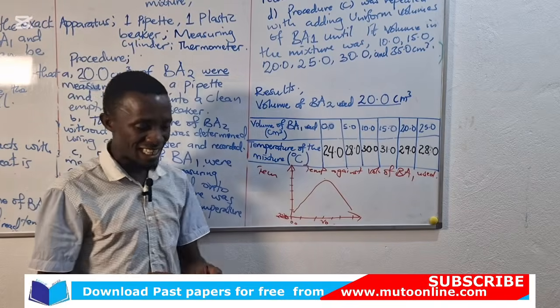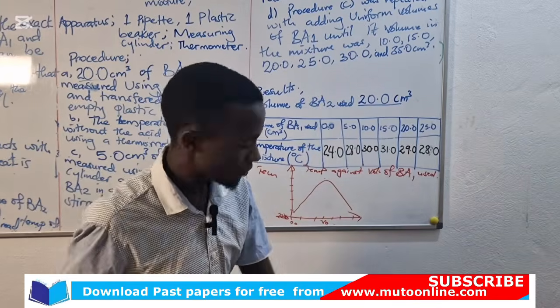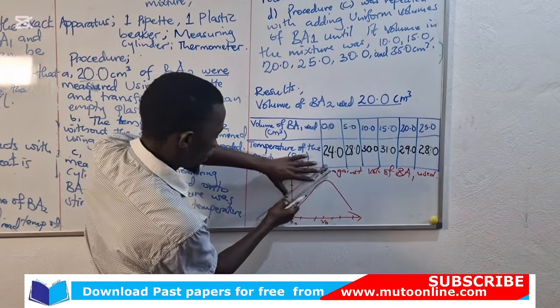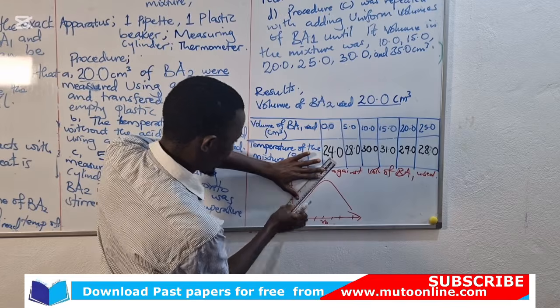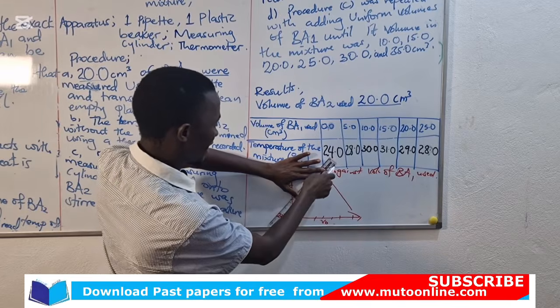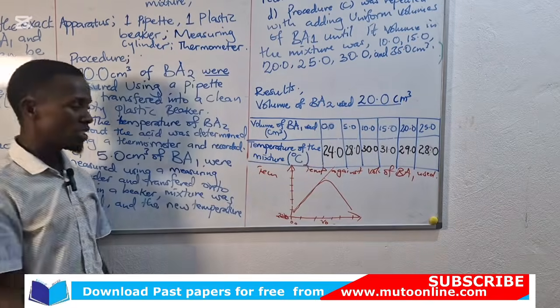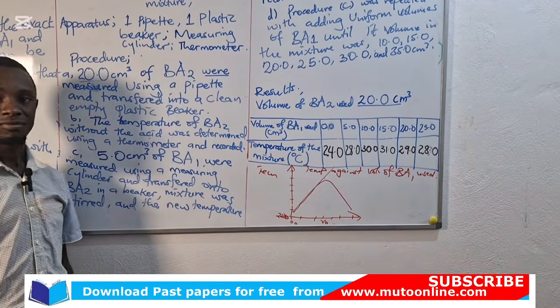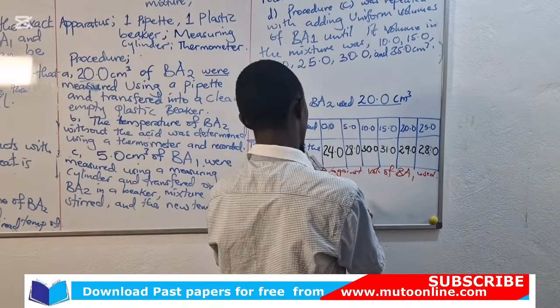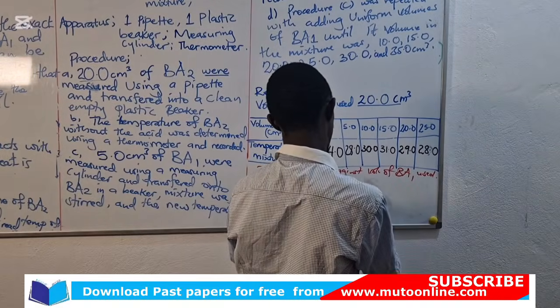So after getting the curve, we shall get a ruler, draw a tangent touching our curve on this side, and another tangent touching the curve on the other side.